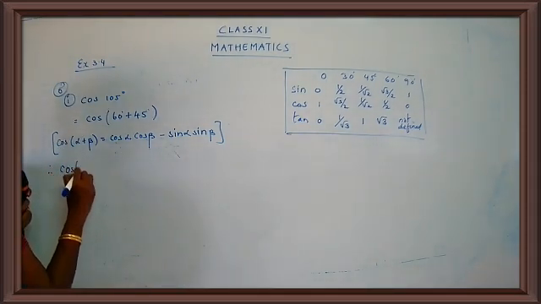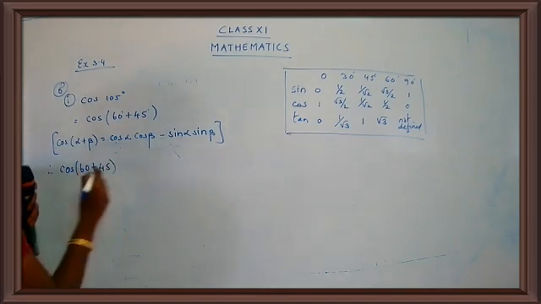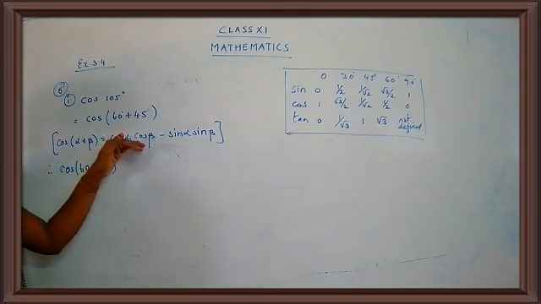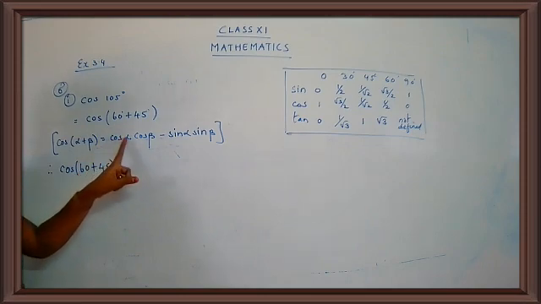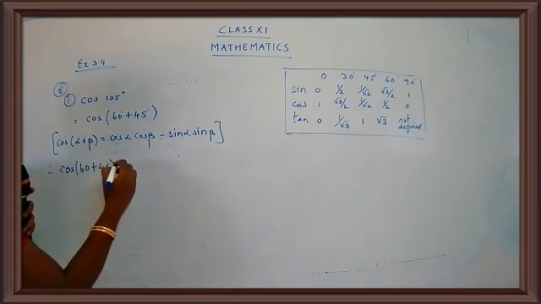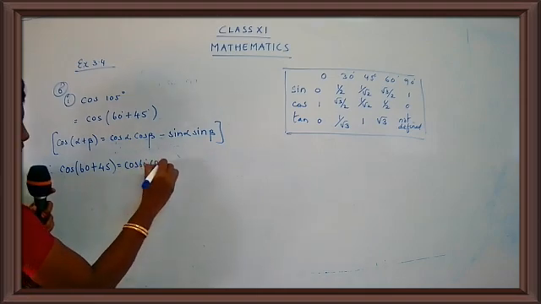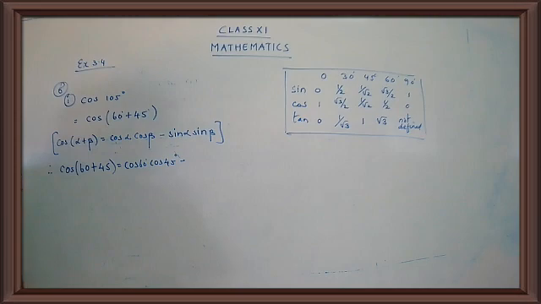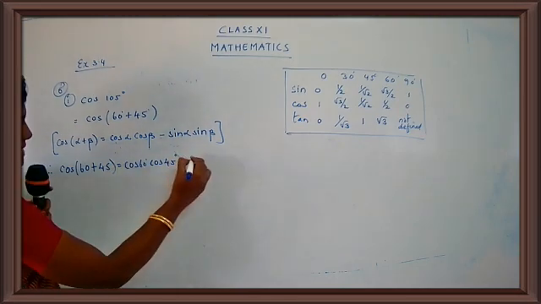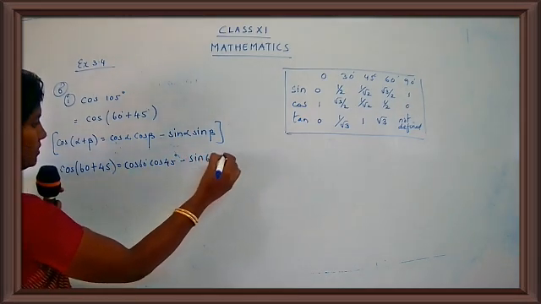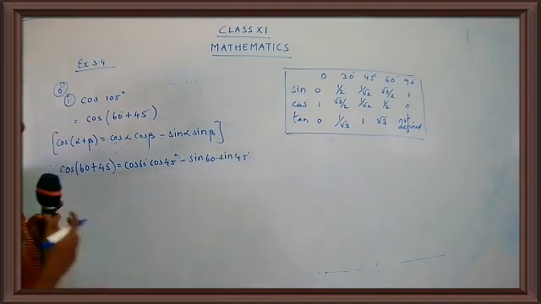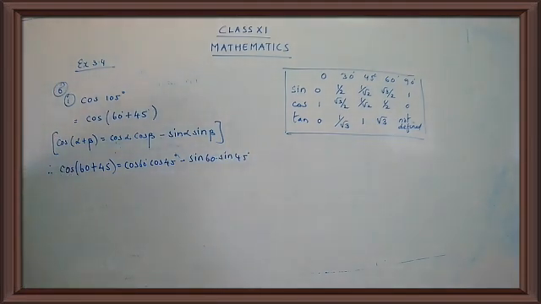Therefore, cos of 60 plus 45 is equal to, using this formula, with 60 as alpha and 45 as beta, cos 60 cos 45 minus sin 60 sin 45. Just mention it properly, very easy thing. This is a 2-mark question.